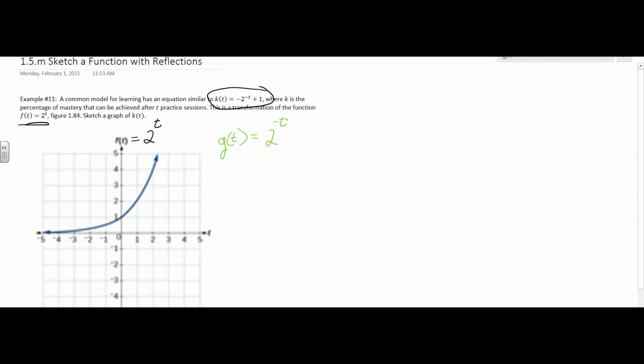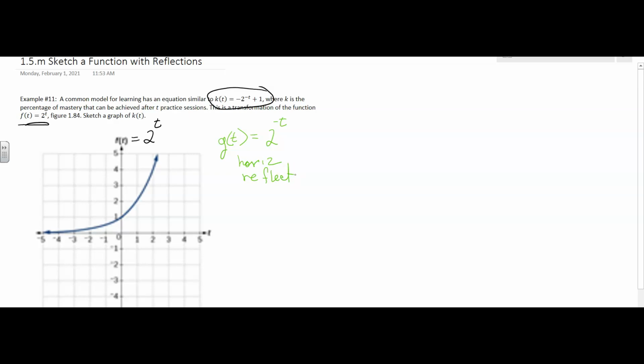Now, what type of reflection would that be? If I'm putting the negative sign on T before I do that exponent, that's going to be reflecting about the y-axis, right? So this is going to be a horizontal reflection. Now, what does that mean?